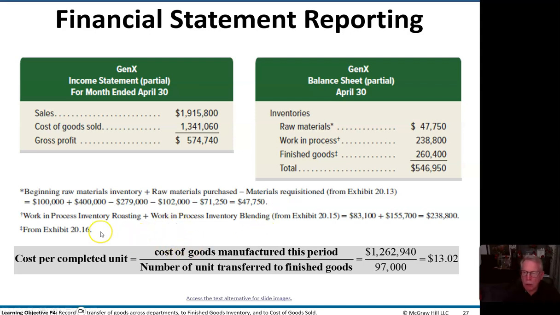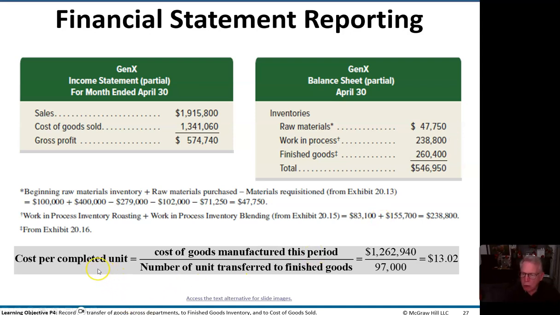For work in process inventory, we start with the work in process roasting and work in process blending, and that's $83,100 plus $155,700. That gives us $238,800 as shown here.